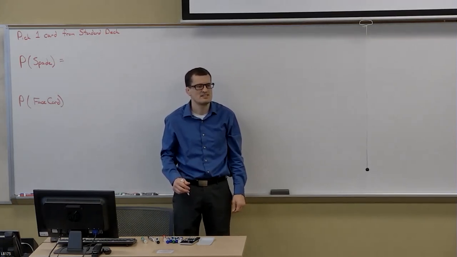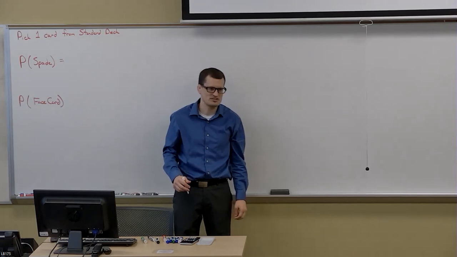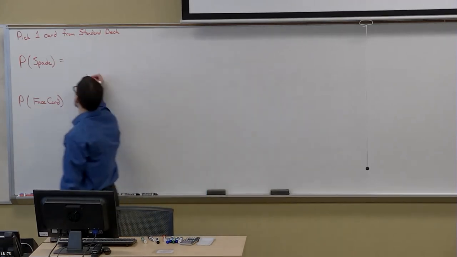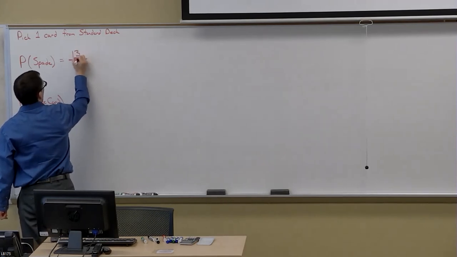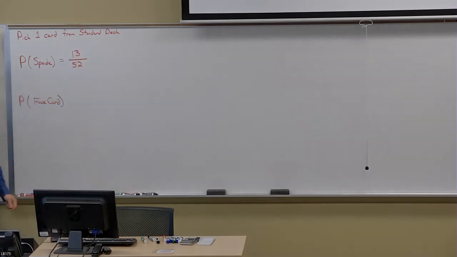Did you say there's 14 of each? 13 of each. Yeah, so there are 13 spades. And you're picking out of 52 cards. Notice what I just did there was classical probability. Number of spades divided by the total number of options of 52.